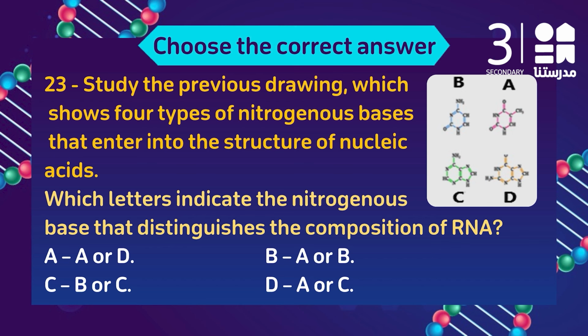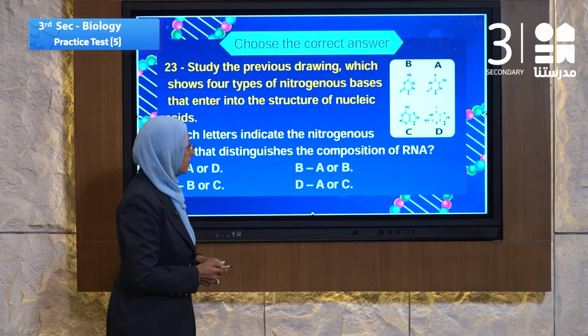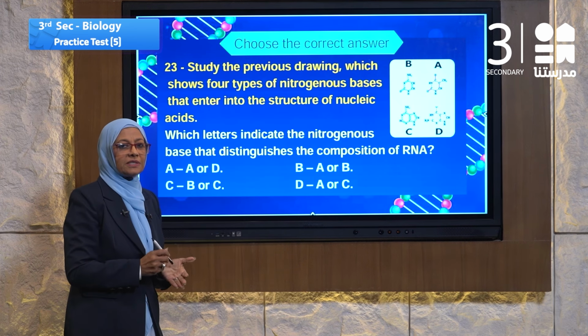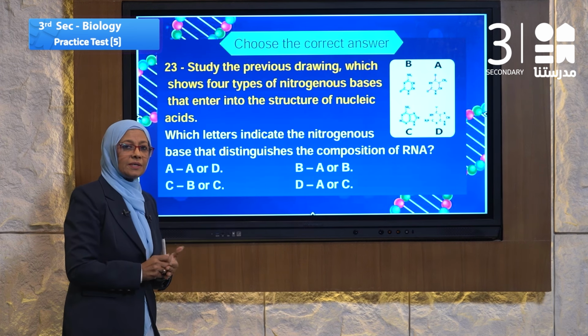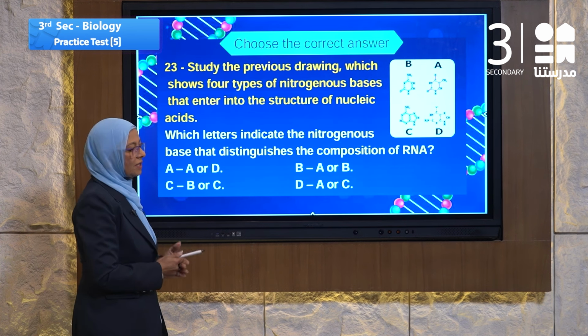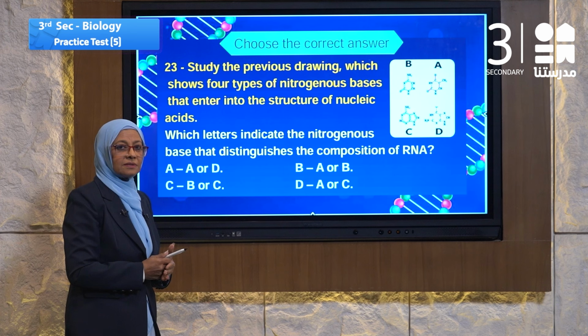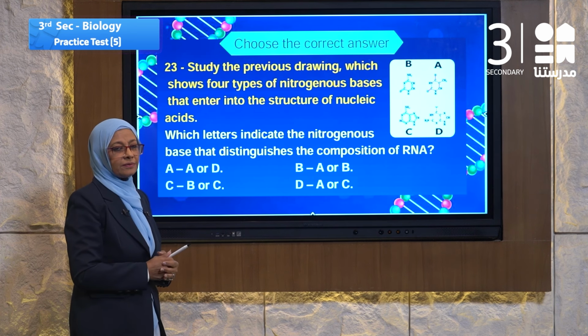Which letter indicates the nitrogenous base that distinguishes the composition of RNA? How can we distinguish between DNA and RNA? By uracil. Uracil has one ring or two rings? It must be one ring.